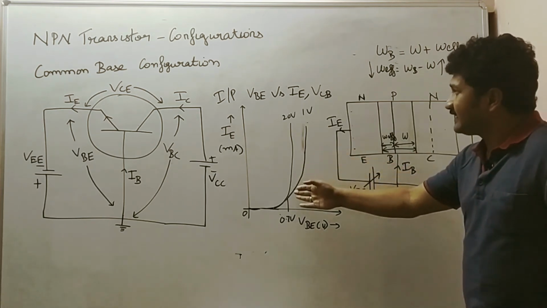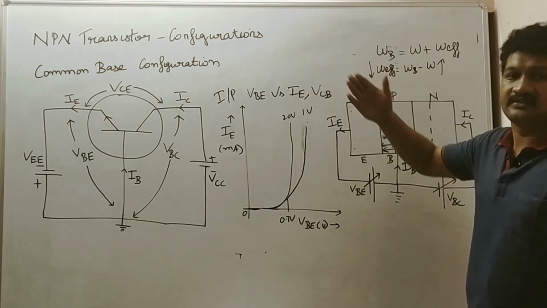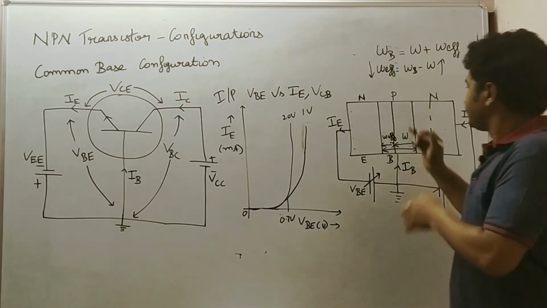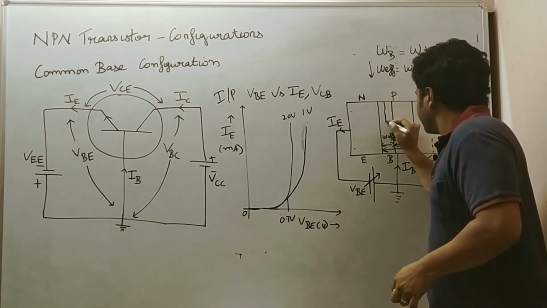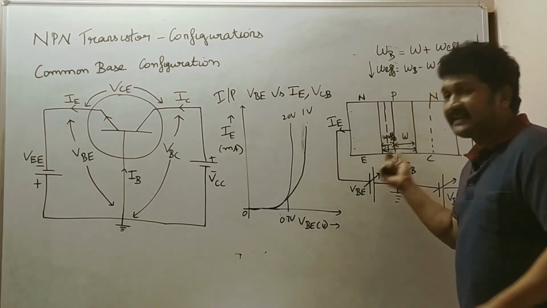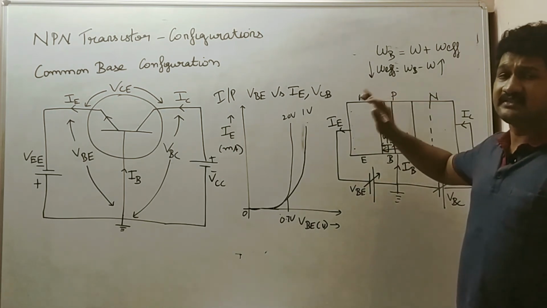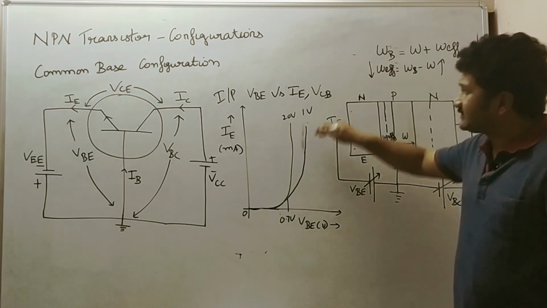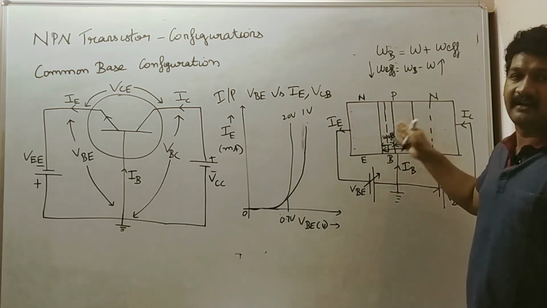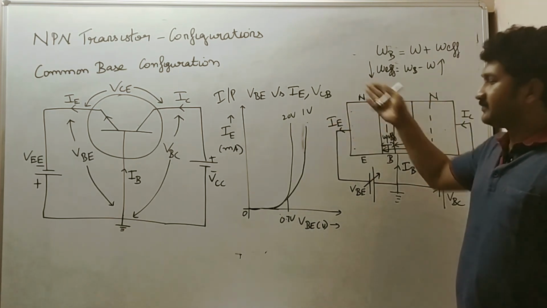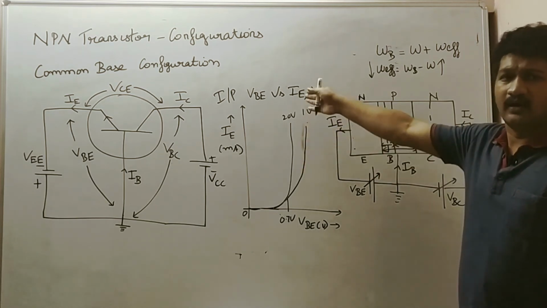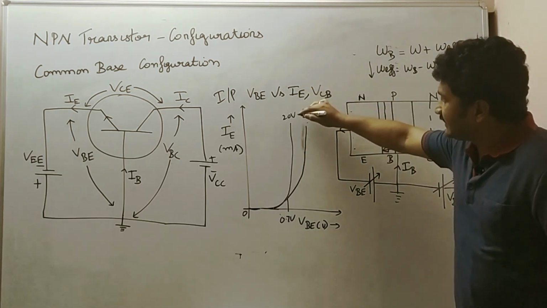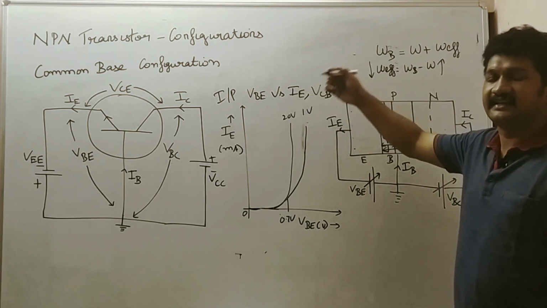If you further increase VCB to 30 volt, the emitter current still increases because the effective width decreases still more. So this is the working principle of the input characteristics. This is the characteristics curve and the underlying principle. The early effect is the underlying principle that makes this curve appear like this: emitter current increases when VCB, the reverse bias, increases. Thank you.